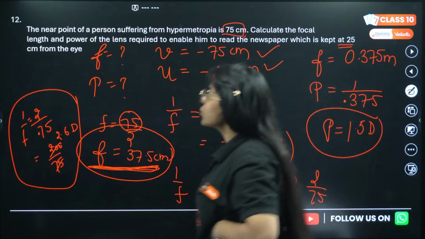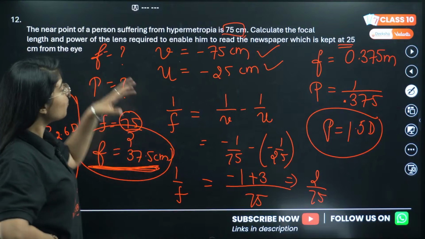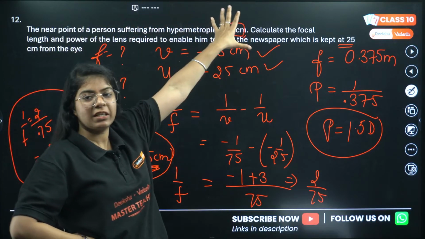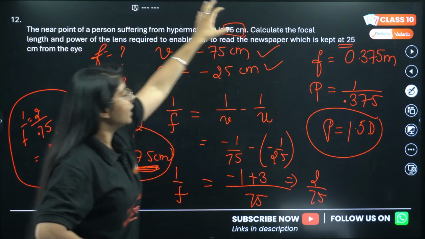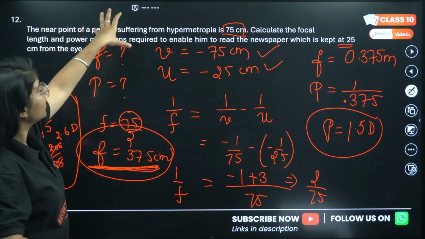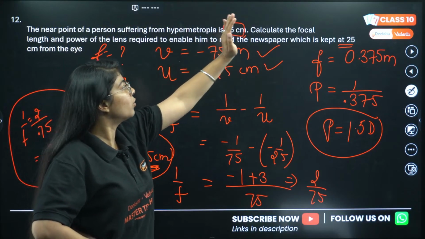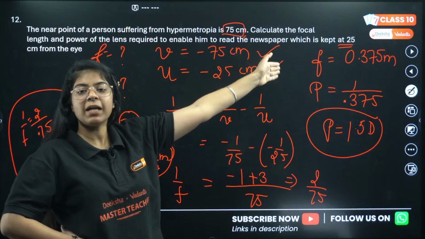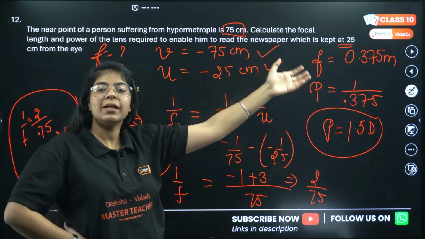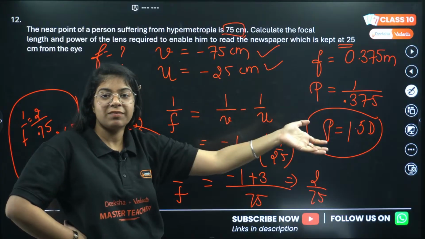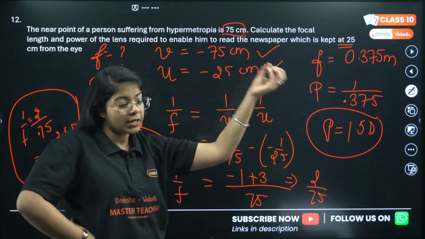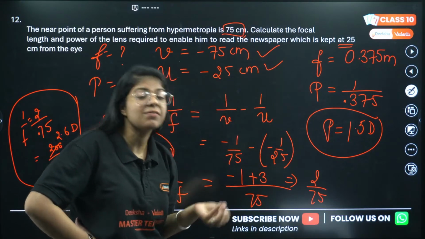So the question is asking that the near point of a person has shifted to 75 centimeter, and we need to calculate the focal length and power of the lens required to enable him to read the newspaper, which is kept at 25 centimeter. Normally the near point of a normal human eye is 25 centimeter. Now that person's near point is at 75 centimeter.